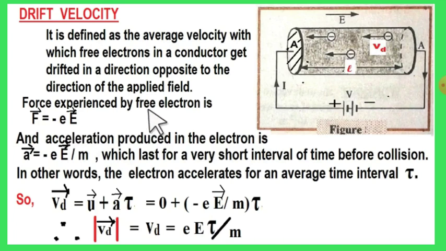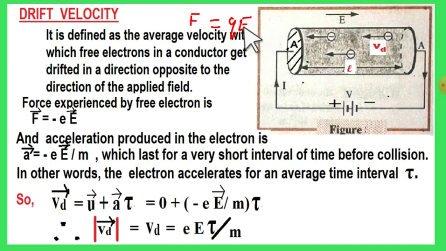So the force experienced by a free electron inside the conductor is denoted by the F vector, and it will be equal to what? We know that the force experienced by a charge, F, will be equal to QE, right? QE.